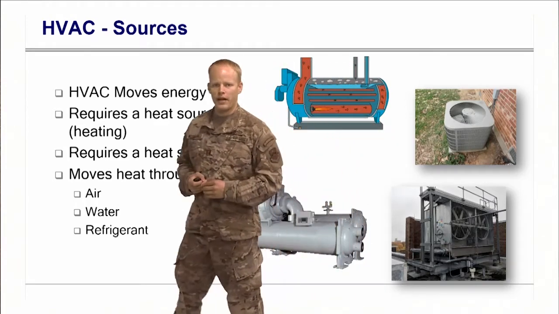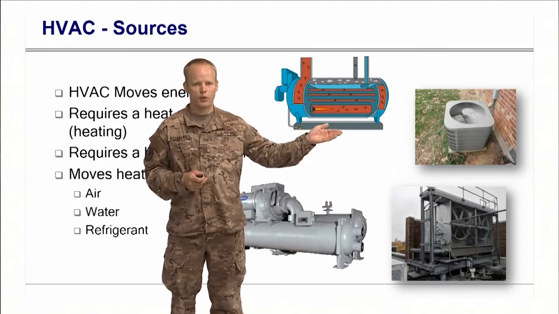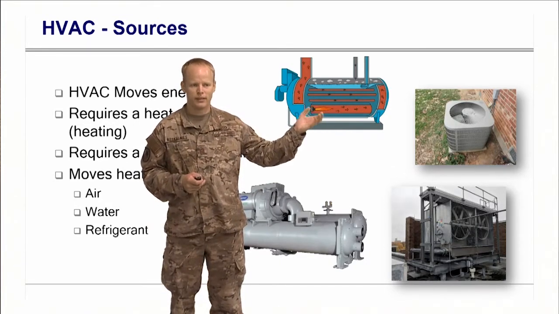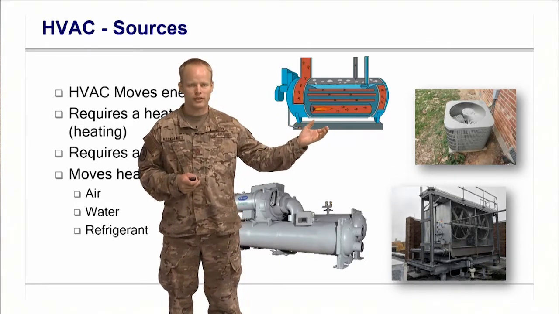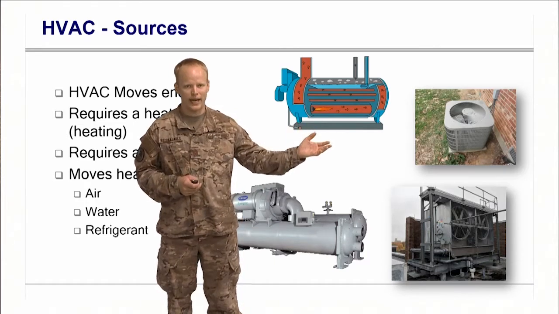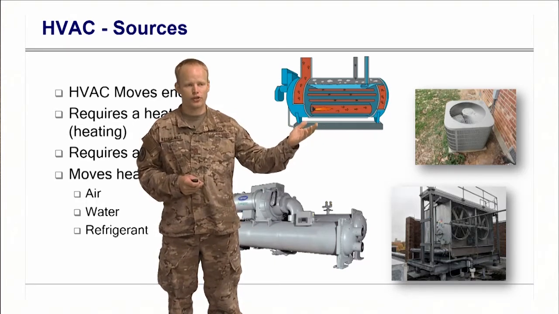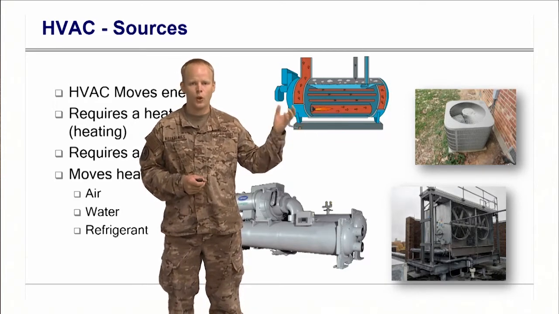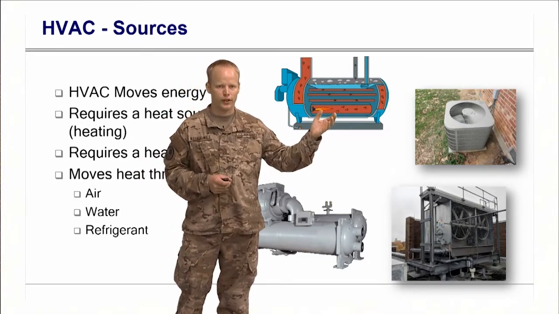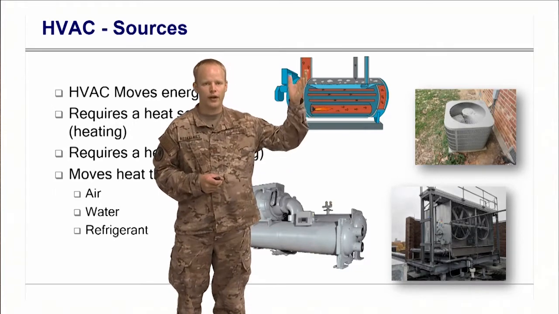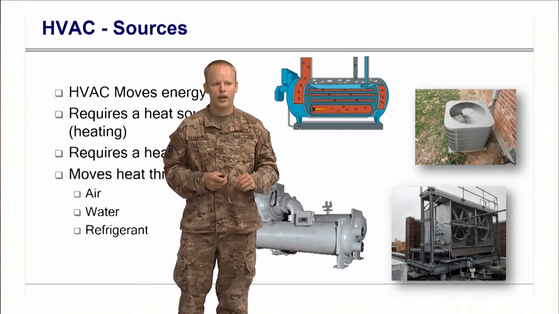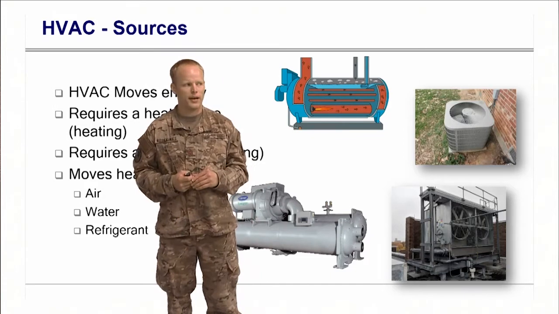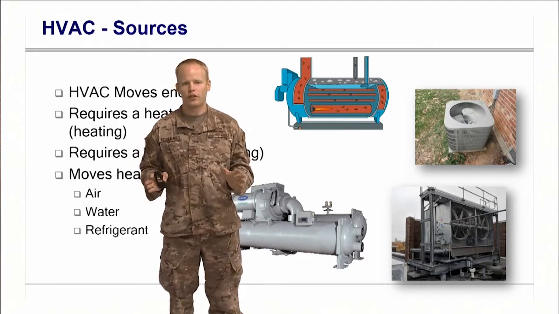So over my shoulder here, you have your typical boiler where we burn something, be it coal like at Wright-Patterson at a central plant, natural gas, or it could be an electric resistive heater. We provide this heat, we mix it around water in this boiler, and we distribute this water out to our air handlers, out to our variable air volume boxes with reheat coils, whatever use we need.